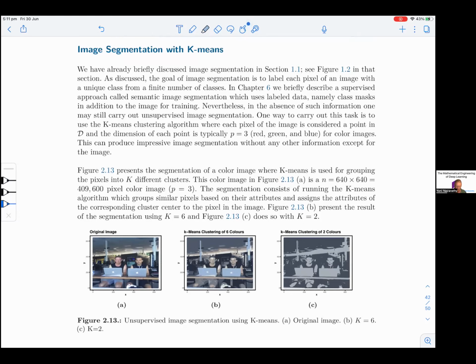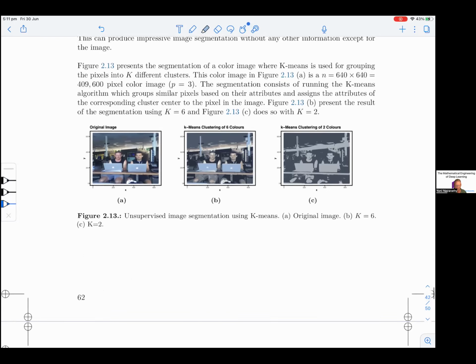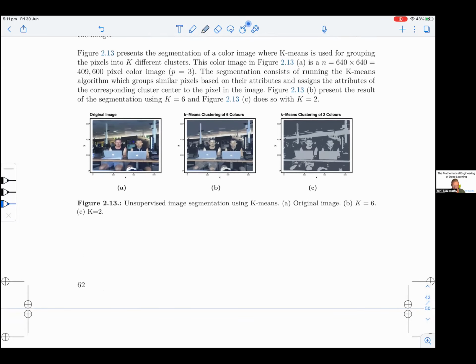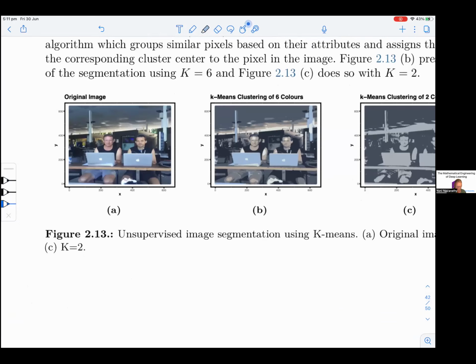Figure 2.13 presents the segmentation of the color image, where k-means is used for grouping the pixels into k different clusters. This color image in figure 2.13a is a 640 by 640 color image, which has about 400,000 pixels. That's with p equals 3. Here's the image.